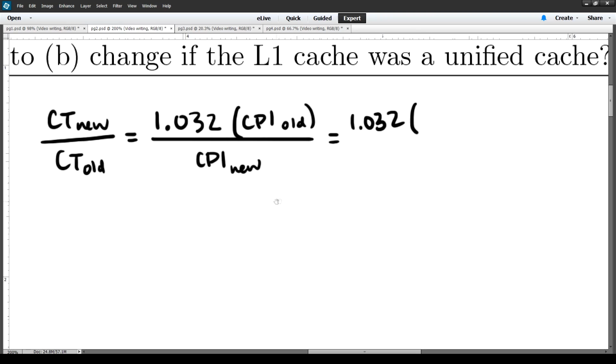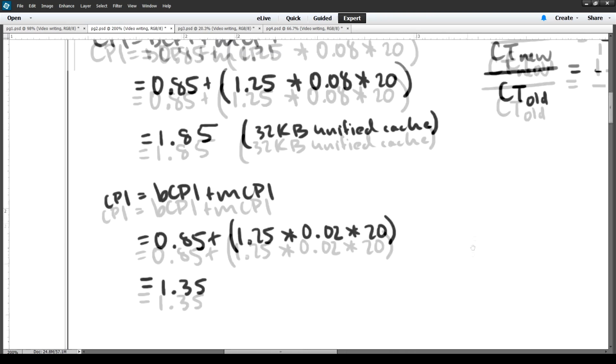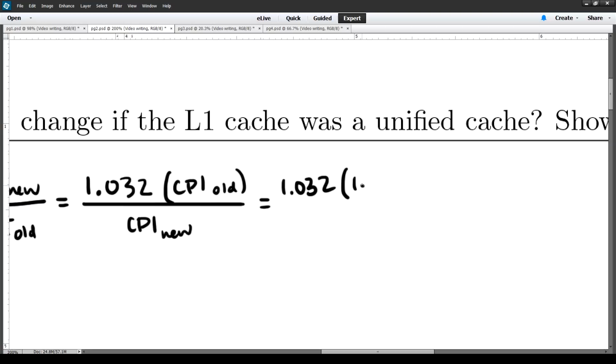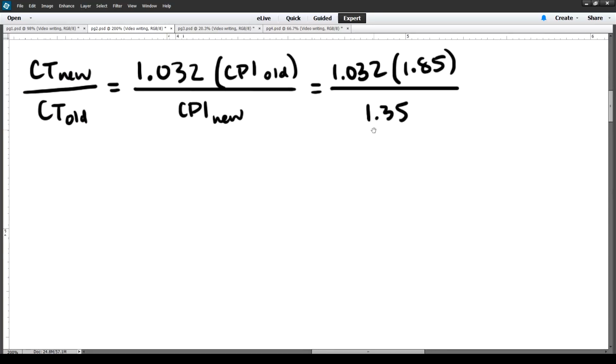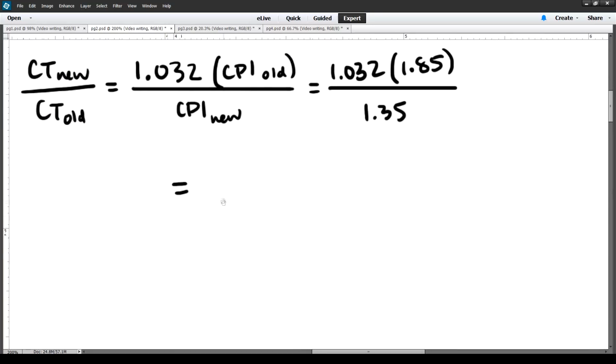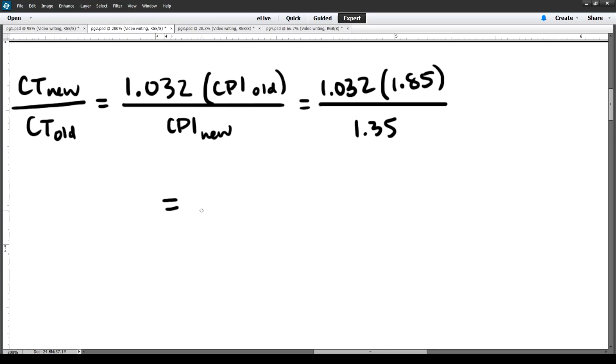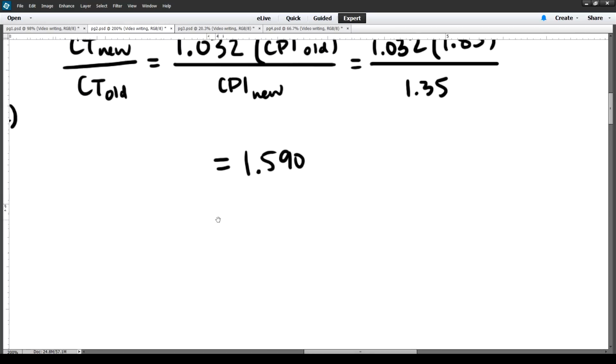We know that the CPI old is 1.85, and we know that the CPI new is 1.35, and this will come out to somewhere around 1.590. I did a little bit of rounding here.